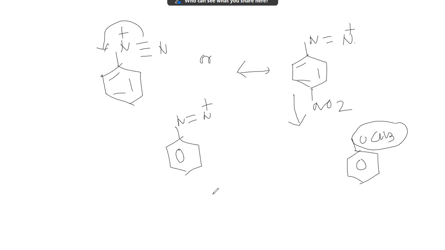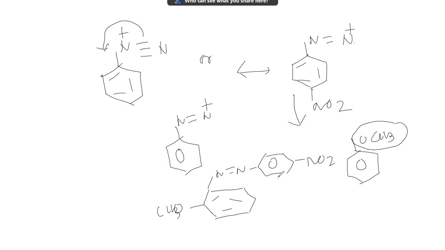So in this case we may have this product: OCH3, then N double bonded N, another benzene with NO2 group. Because this is a bulky group, the substitution more readily takes place at para than ortho. Ortho or para substitution I can write over here also.